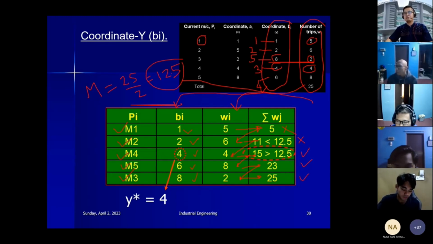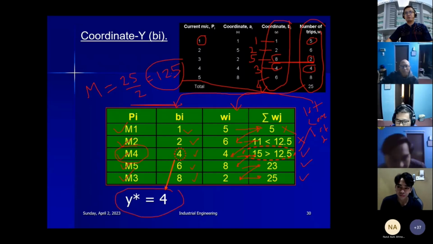Whether machine 4, machine 5, or machine 3? So we will select the first come. Please remember, first come, first serve. So first come, so we will get the value machine number 4. So the new coordinate for the Y star will be 4.